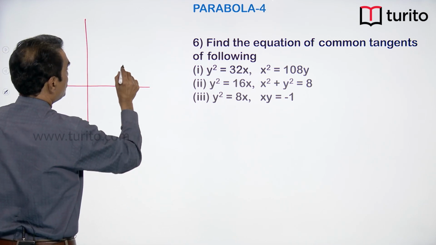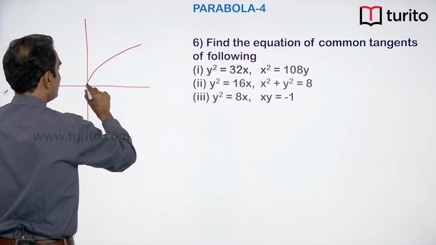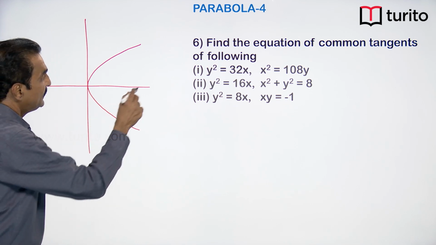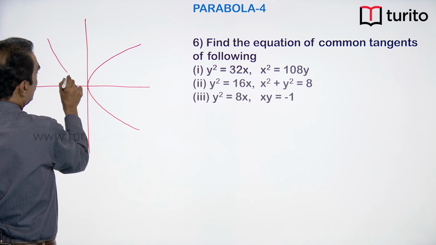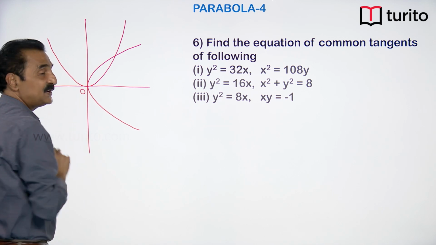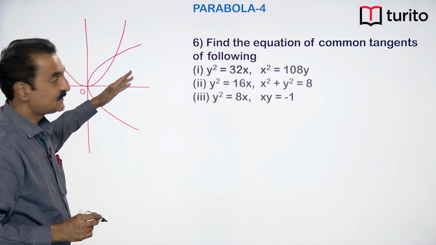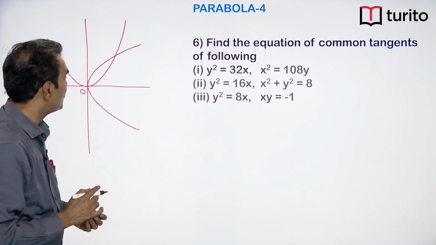Y square is equal to 32x is a parabola having positive x axis as axis like this. X square is equal to 108y is a parabola like this. Origin is their common vertex, axis of the first one is x axis, axis of the second parabola is y axis. Now, I want the common tangent.